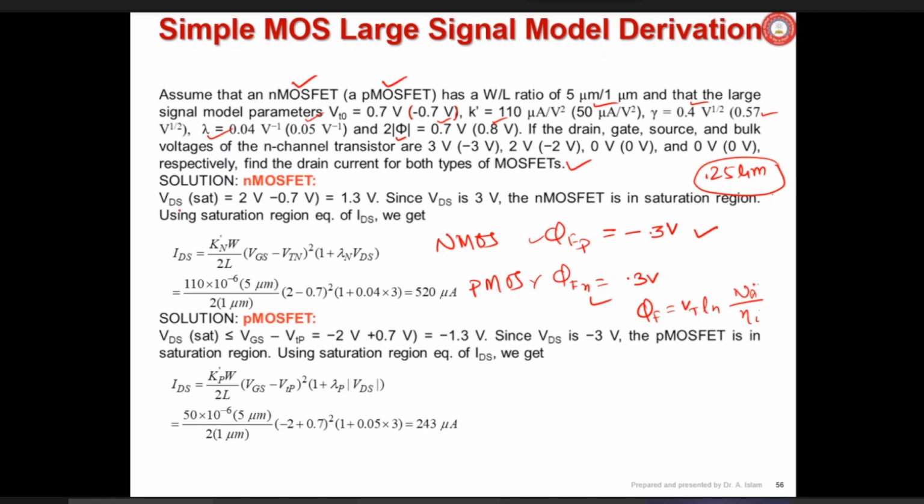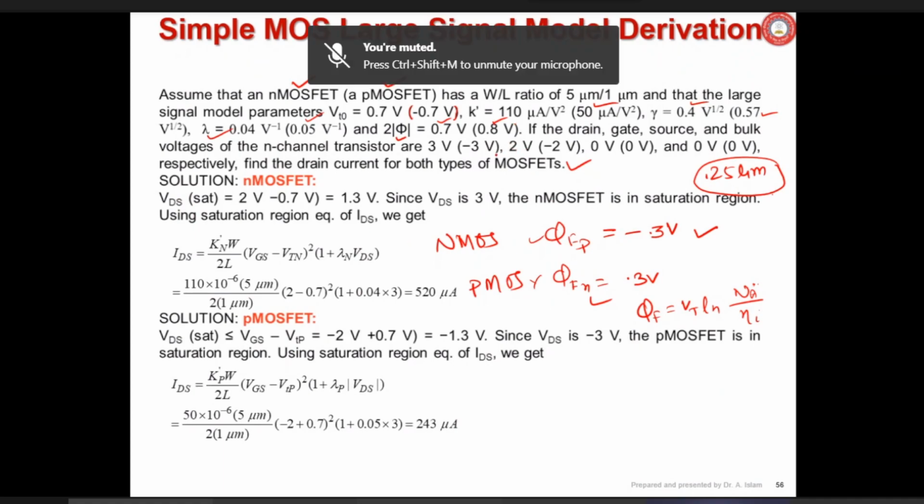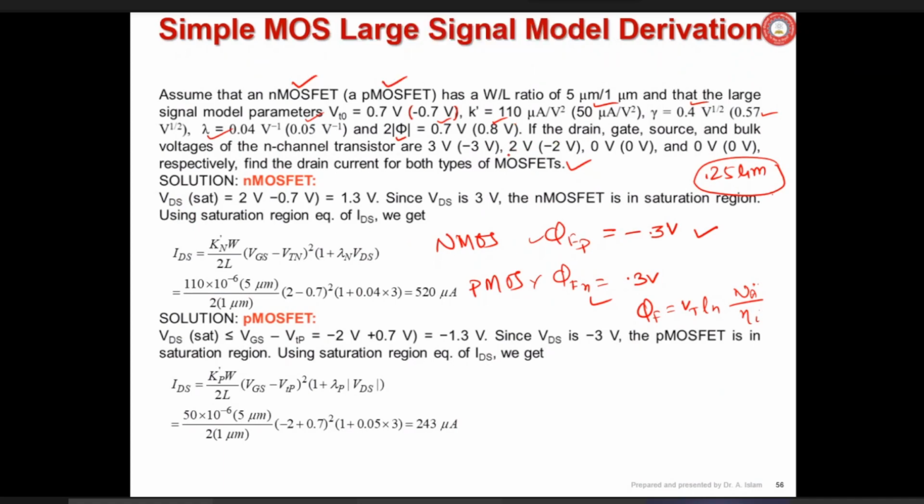So what is VDS in our case? Drain voltage is what? We know that if VDS is greater than or equal to VGS minus VT, then it is in saturation region. VG is this voltage, and the threshold voltage we have mentioned here as 0.7 volt.